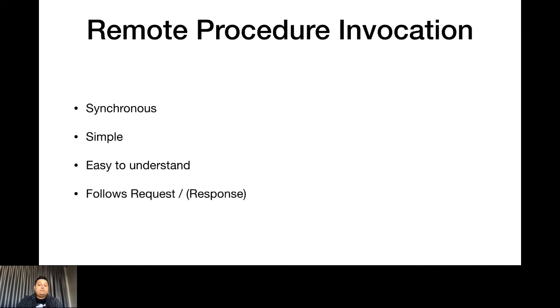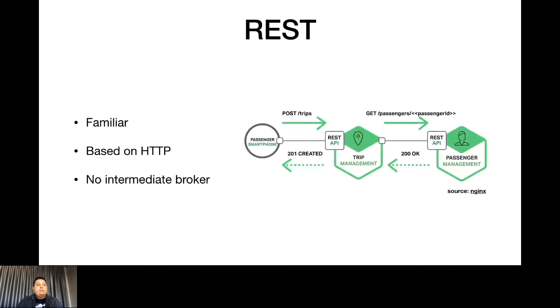So the most common implementation of RPI is something called REST. I am pretty sure that everyone knows what it's about, because it's the most common pattern on the web. The advantage here is that it's pretty familiar in our environment, I mean to the developers, and it's based on HTTP.